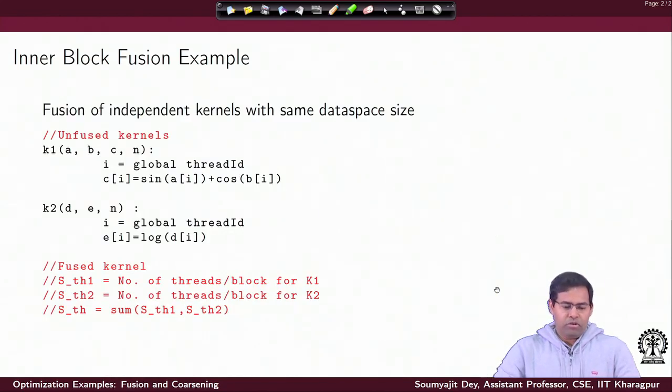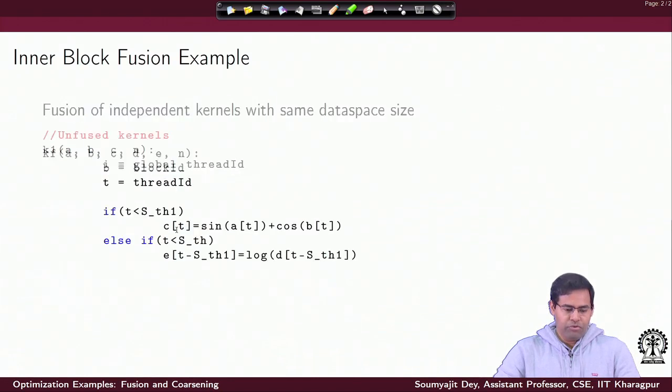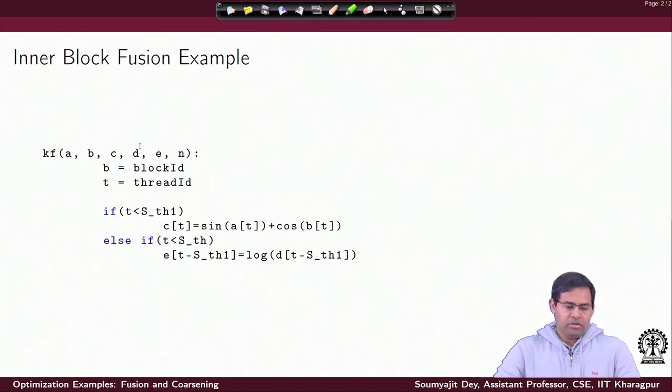So, looking into the program example, these are the unfused kernels, right, K1 and this is K2. So, when I am going to fuse these kernels using inner block fusion, this is the pseudocode of my fused kernel. First thing I will do is compute the block ID and then I will compute the local thread ID. Let us remember this is the local thread ID, the offset inside the block, not the global thread ID.